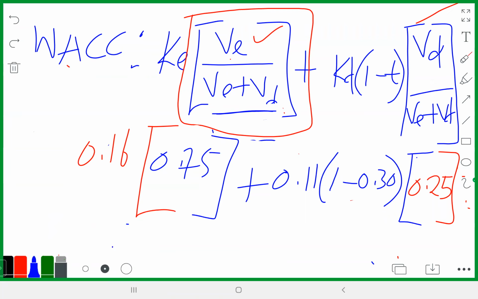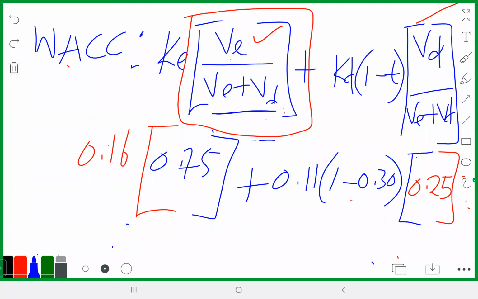What is 0.16 times 0.75? We calculate this side. 0.16 times 0.75 is equal to 0.12.